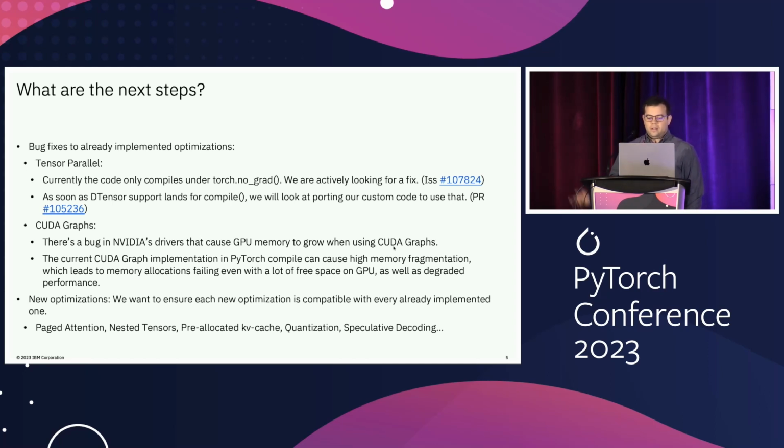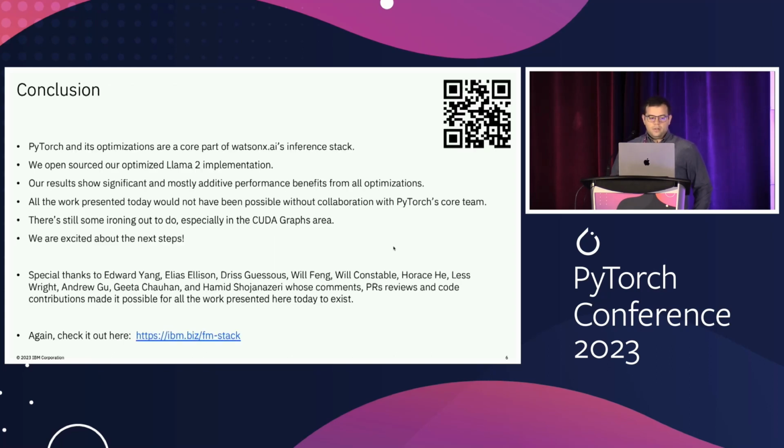We want to try things like quantization, of course, paged attention, all these new inference optimizations that people have been talking about in the last few weeks, always making sure that everything is compatible with what we already have. So finally, our conclusion here is that we have decided to invest in PyTorch and make sure that any optimizations we make are, as far as we can, contributed back to core PyTorch.